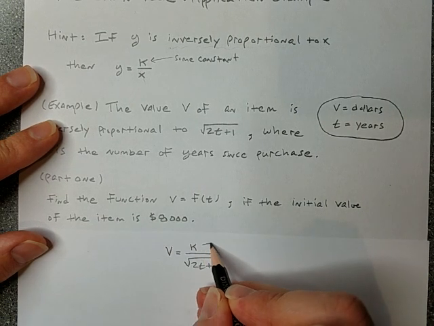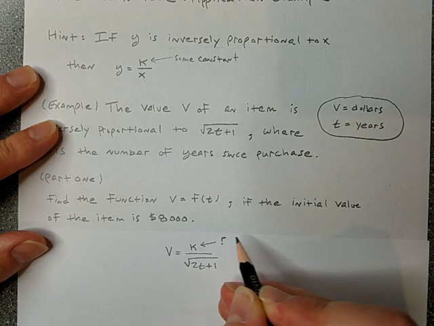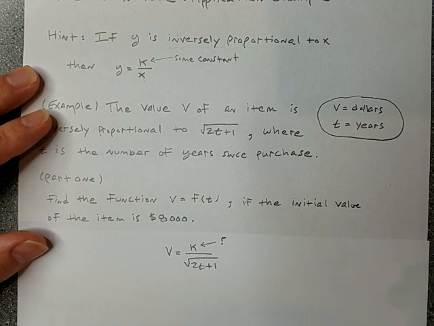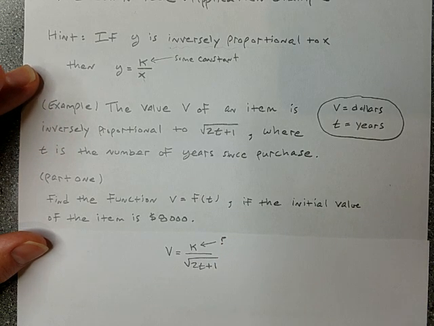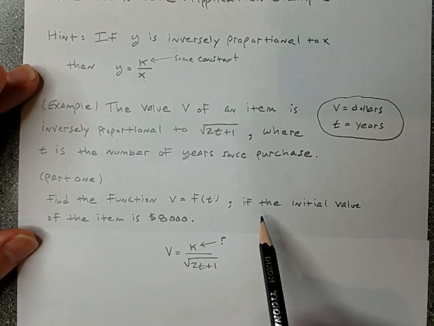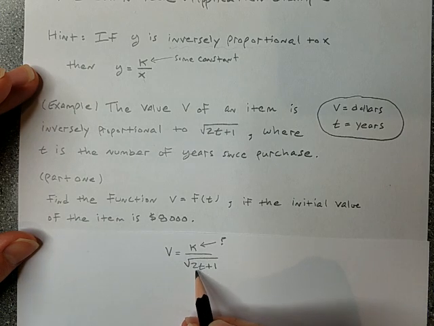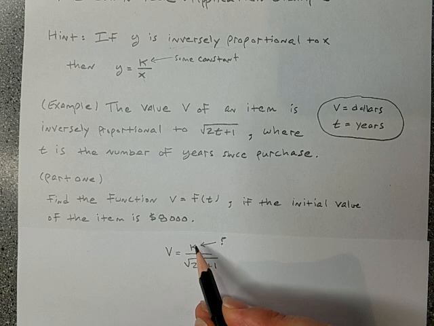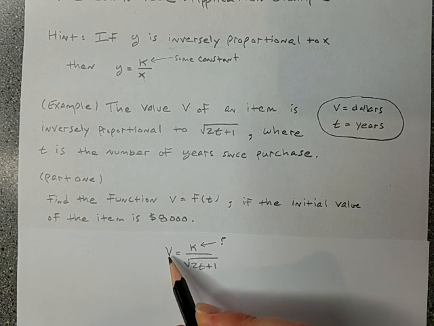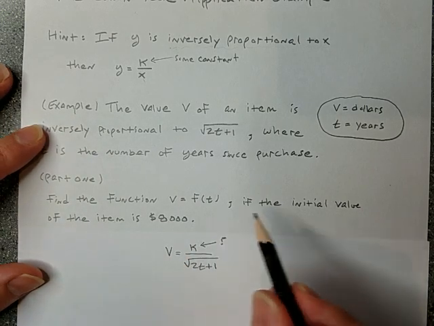It's just an issue of figuring out what that number is supposed to be. All right. So it says, in addition, though, that the value initially is $8,000. Okay, so that means that if t was 0, k would have to work so that that number was 8,000. Okay, so let's use that.